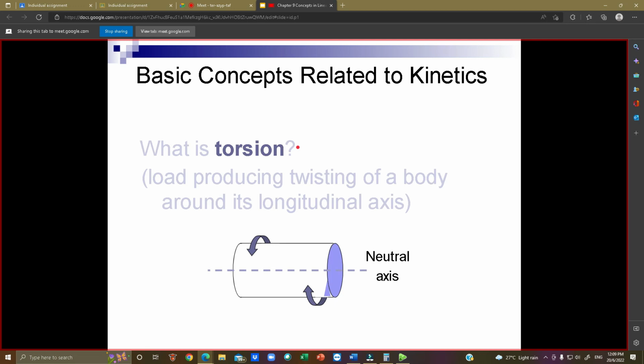Tadi kita ada shear, where shear we actually put force from here and from bottom up. But torsion is some sort of shear, but it is caused by twisting action. Shear tadi kita tolak satu atas satu ke bawah. That is shear.